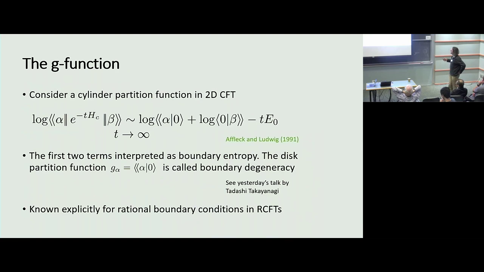The thing inside the logarithm is the one-point disk partition function, and that's called boundary degeneracy. These numbers have been computed by Cardy and many other people, and they are known in rational conformal field theories.